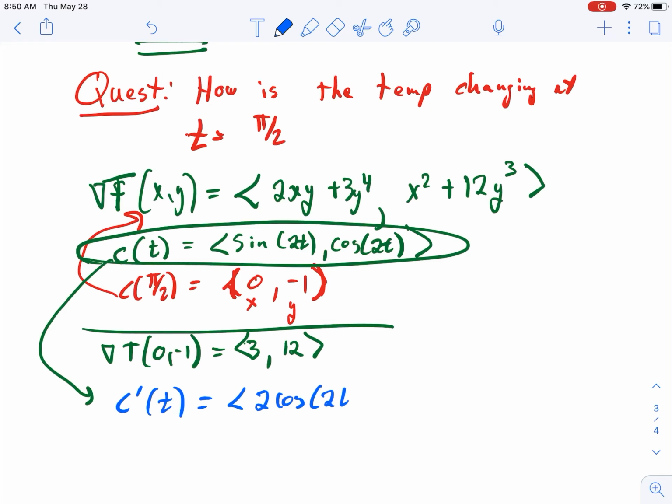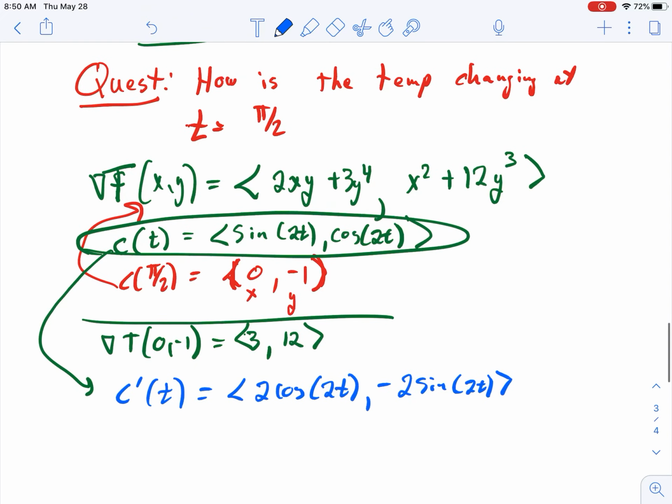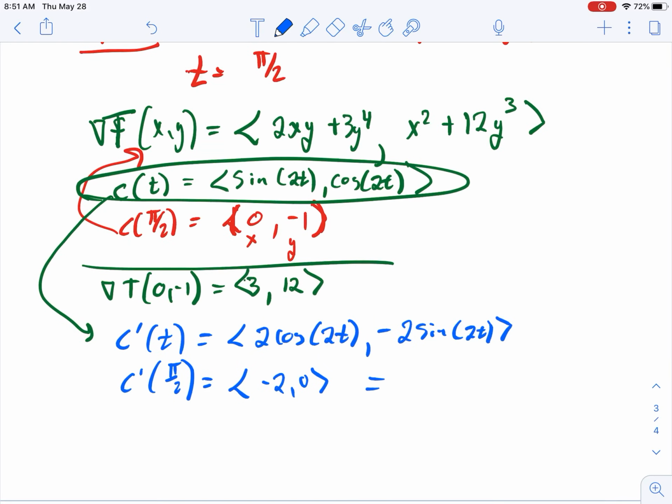And that would give me 2 cosine 2t, comma, -2 sine of 2t. And at the value, c prime of pi over 2, that would give me, let me see here, (-2, 0).